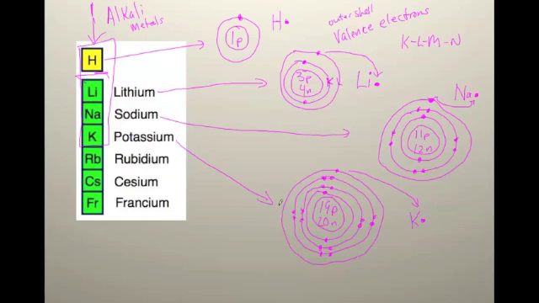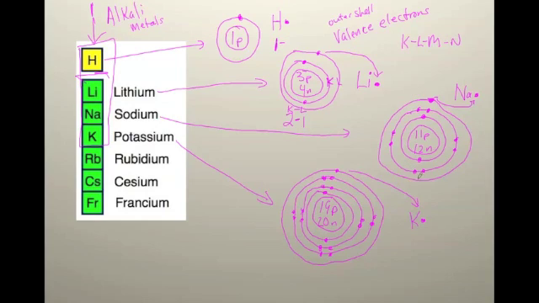Now, if we wanted to do an electron configuration for one of these, we're just going to write the number of electrons in each shell with a little dash in between them. So hydrogen only has 1 shell, so its electron configuration looks like this. The electron configuration for lithium, you have 2 electrons on the K shell, and on the L shell, you have 1.